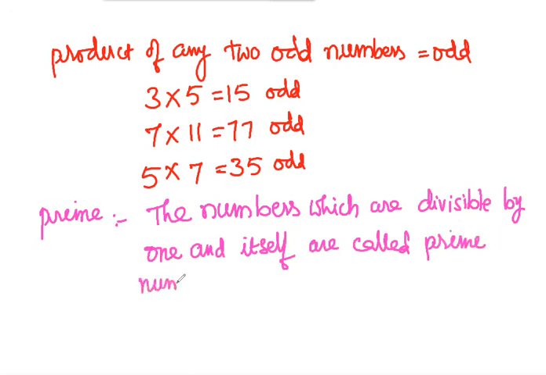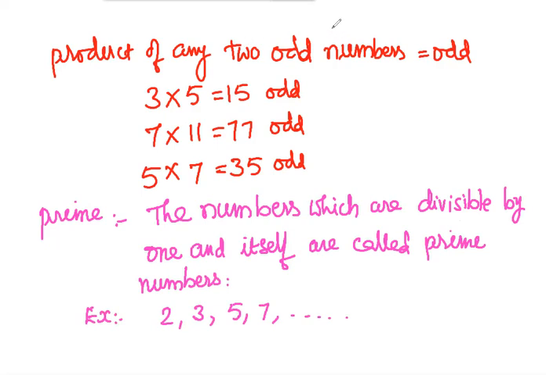They have only two factors, 1 and itself. Example, let us write 2, 3, 5, 7, and so on. 2 is divisible by 2 and 1. 3 is divisible by 3 and 1 only. 5 is divisible by 5 and 1 only. 7 is divisible by 7 and 1 only.